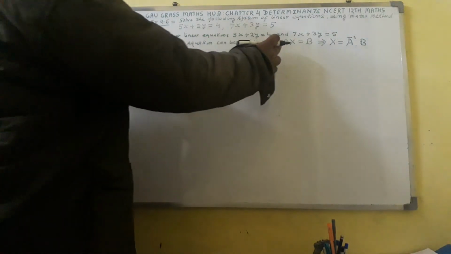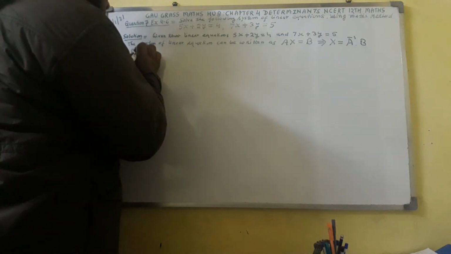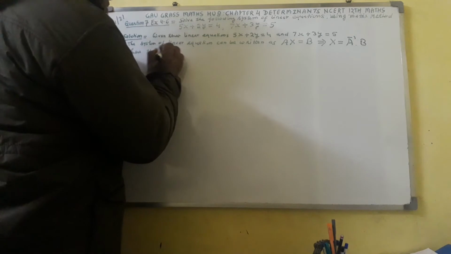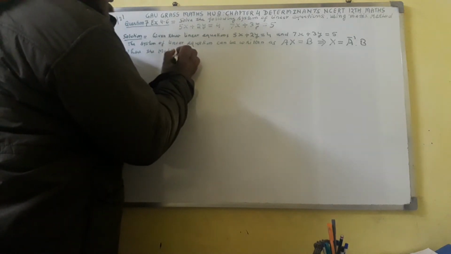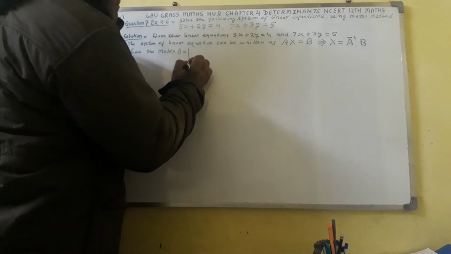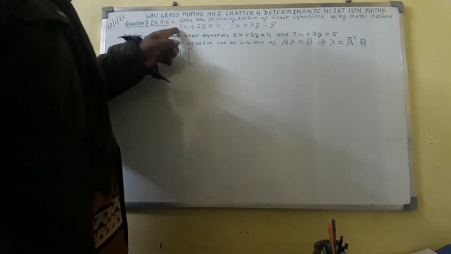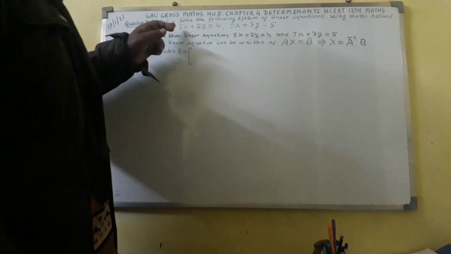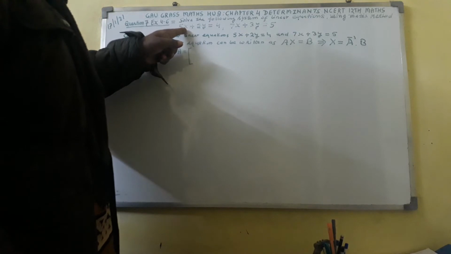So here you can see where the matrix A, this is the first equation. So from the first equation, coefficient of x is 5.